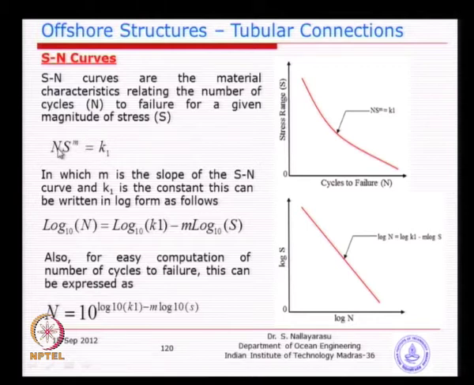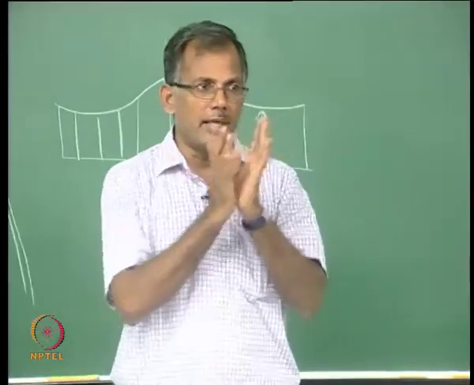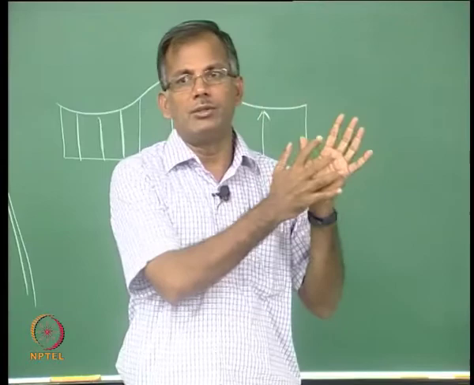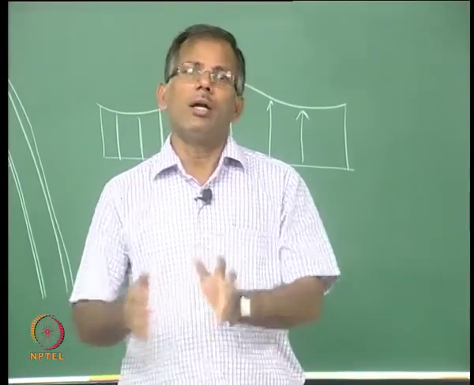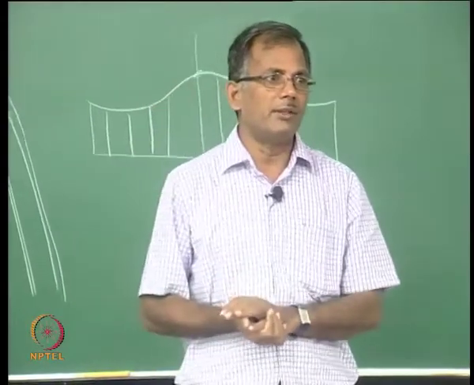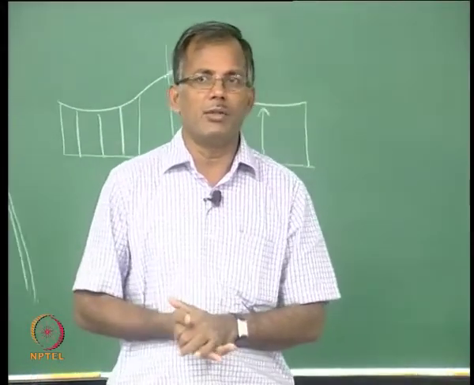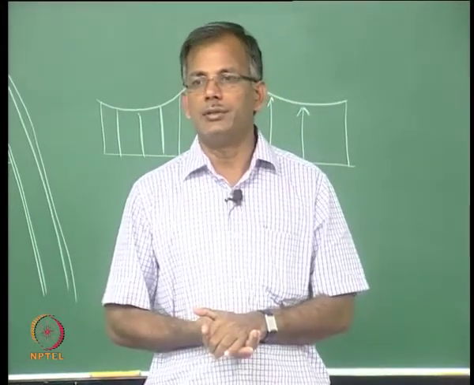Basically, you may have numerous combinations of number of cycles and stress range applied to produce the same effect. For example, if I want to produce a 3 millimeter crack in a particular joint, I can have x number of cycles and y amount of stress range, or another combination with a slight modification to the stress and the number of cycles.